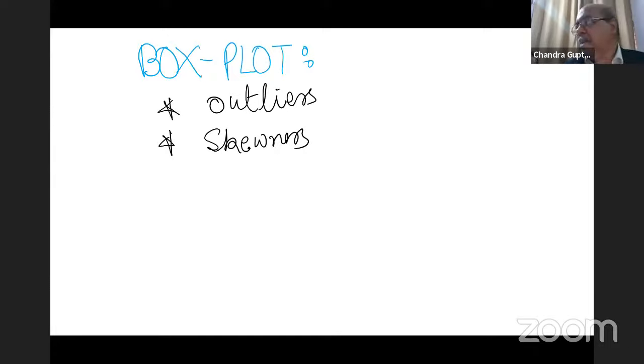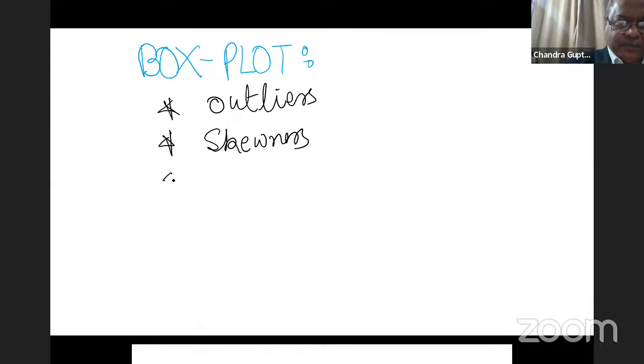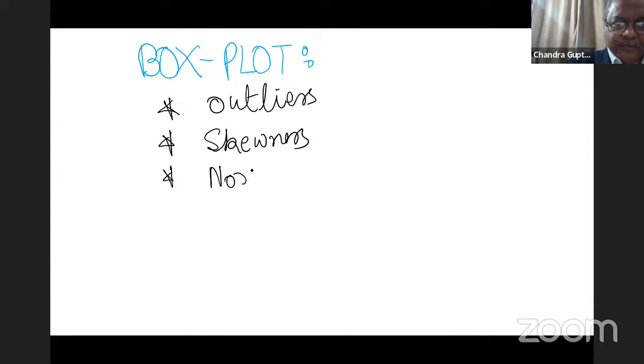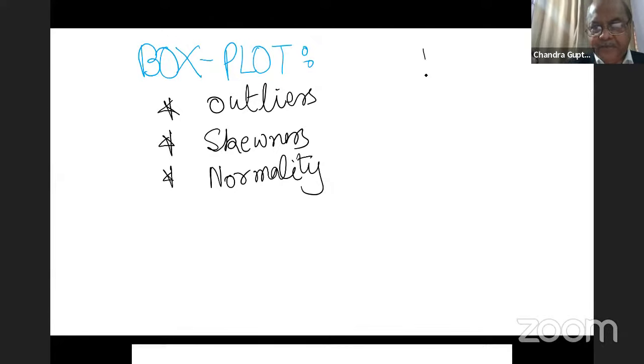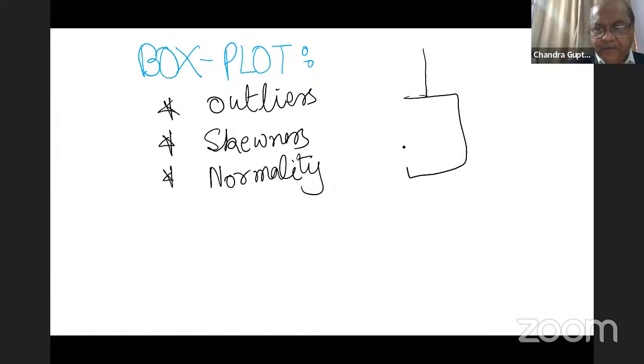Data symmetry. Rashika, skewness and symmetry, they are one and the same thing. Normality. What else? Okay. That a typical box plot displays variable location. Yes, Pooja, that's great.